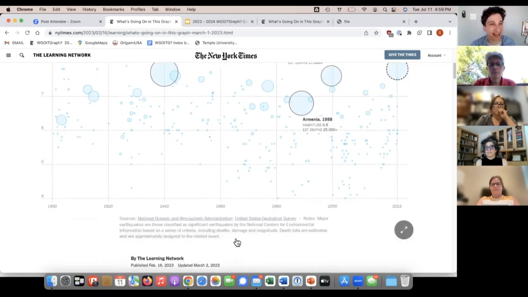So I'd love to just ask, how can we as teachers get involved in this? Say we want to moderate, say we want to do this for our class, what can we do? Okay, so this is my advertisement. Having spent the last hour learning about what's going on with this graph, knowing that you can use it in your classroom, you can use any graph you have in the same format of what do you notice, what do you wonder, you are hereby qualified to become a moderator.